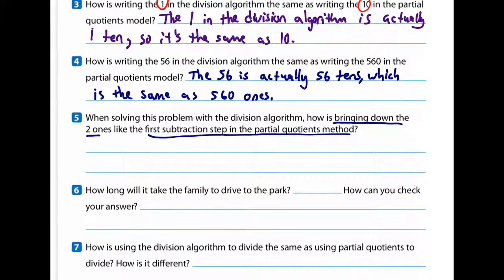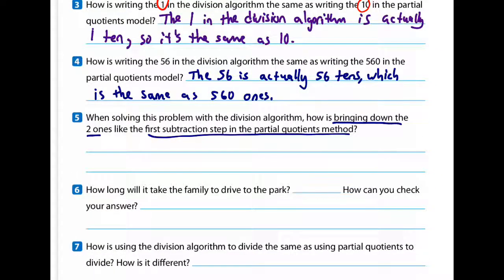So when I go back here, I'll explain it. Say bringing down the 2, the 2 with the 11 tens is 112 ones. Okay?